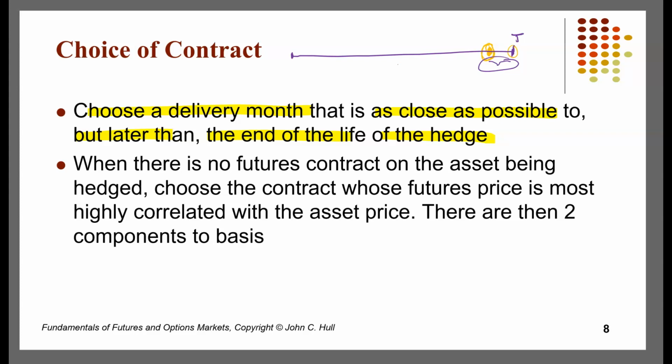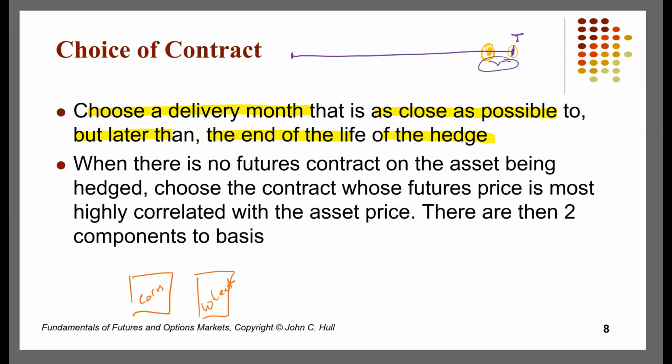And what does that mean? It means that if we're working with corn, and it turns out that we cannot hedge against the price of corn, there's no futures contract on corn, but then there's a futures contract on wheat, right? We may tap on the correlation between corn and wheat.